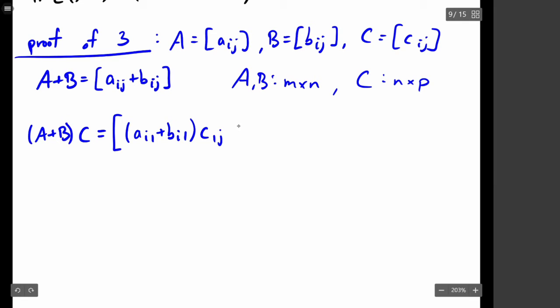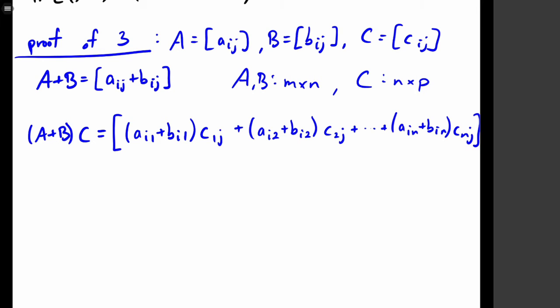And then plus Ai2 plus Bi2, C2j, and so on, all the way up to Ain plus Bin, Cnj.